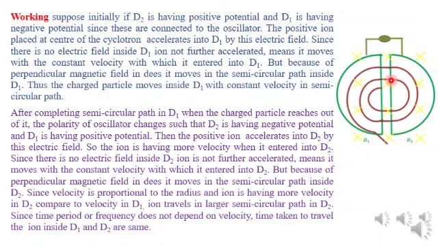But because of perpendicular magnetic field in Ds, it moves in semicircular path inside D2. Since velocity is proportional to the radius and ion is having more velocity in D2 compared to velocity in D1, ion travels in larger semicircular path in D2. Since time period or frequency does not depend on velocity, time taken to travel the ion inside D1 and D2 are same.